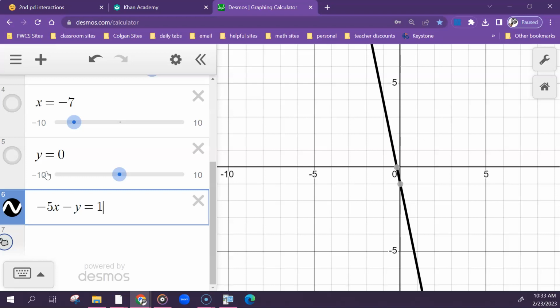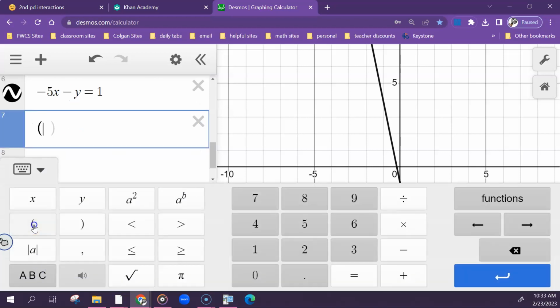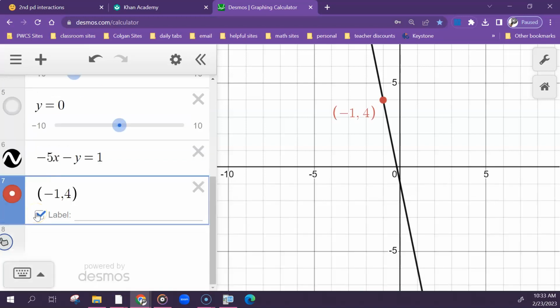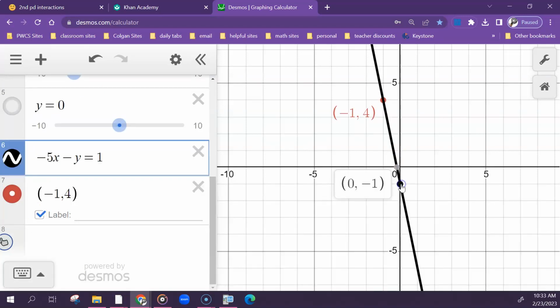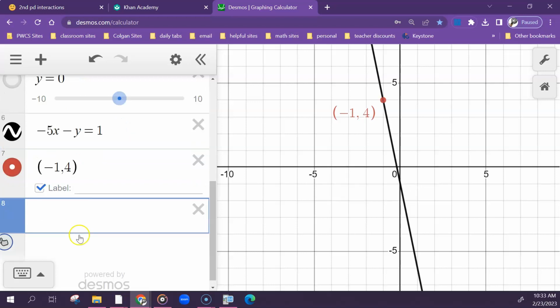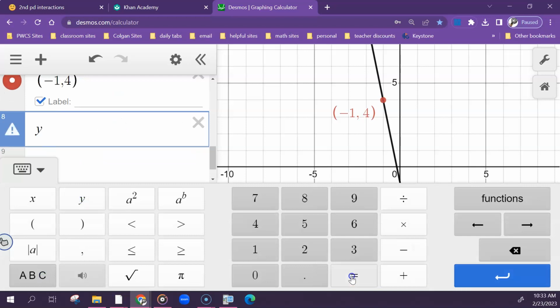If you had this on Desmos and maybe didn't want to solve it, you would do this. After you put this in, you have to know where your y-intercept is, and then be able to count to your slope. I see another point that crosses the grid line exactly is this one, negative 1, 4, so I'm going to make that point. If I counted from my y-intercept, I'd be going up 1, 2, 3, 4, 5, to the left 1. So my slope is negative 5, my y-intercept is at negative 1. So my equation should be y equals negative 5x minus 1.